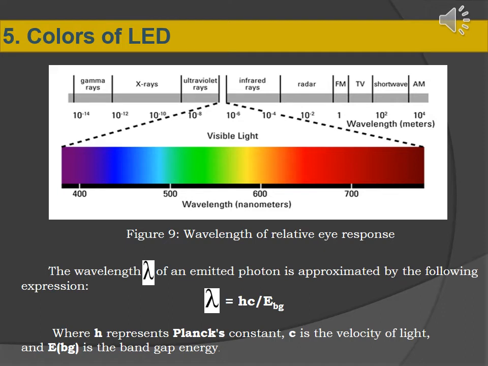Colors of LED. The eye is only sensitive to light with photon energy from 3.1 electron volts to 1.6 electron volts. Compound semiconductor materials composed of column 3 and column 5 elements are the materials of choice for LEDs because they have the direct bandgap properties and energies necessary for efficiently producing visible photons.